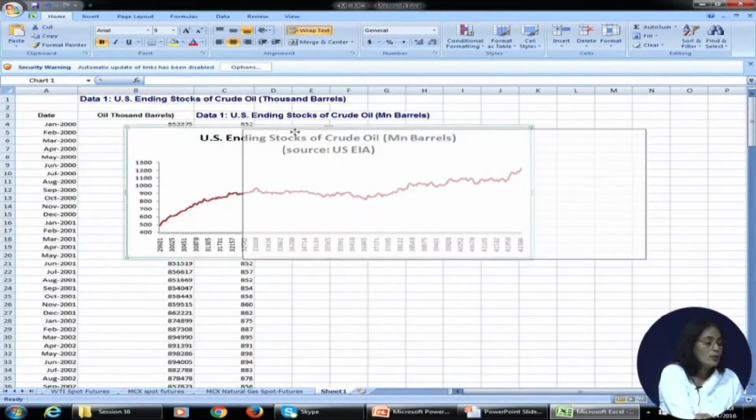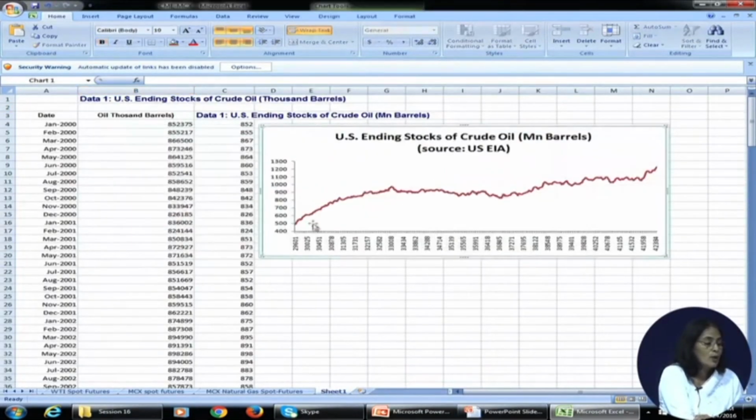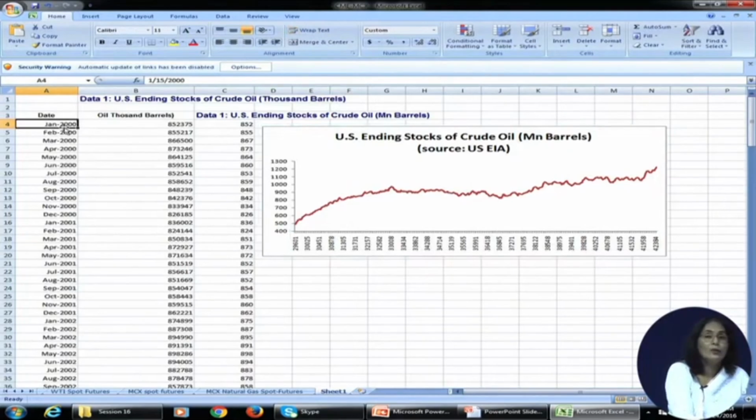One thing I would also like to share with you. I mentioned in the last session that US shale oil production has gone up, and this is also visible in the ending stock inventory of crude oil. This data is from January 2000.